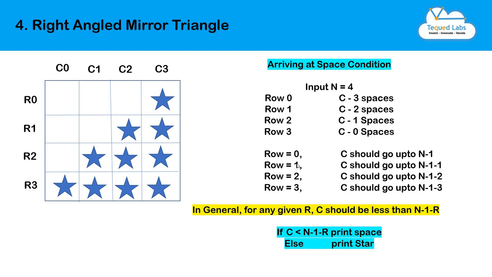This is nothing but your row number. So this can be represented in general as n minus 1 minus r. So for any given row number, C should be less than n minus 1 minus r to print a space. If it is not less than n minus 1 minus r, you print a star.